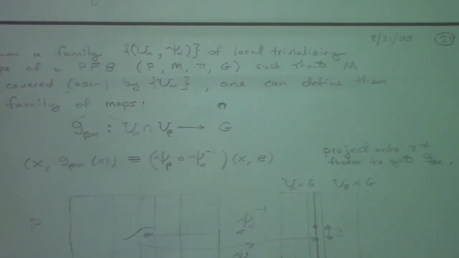Next up here, we have a family of local trivializing maps on a principal fiber bundle. Then we can define a family of maps G beta alpha that go from the intersection of two local trivializing charts to the group. How do you define these? Where are U alpha and U beta?